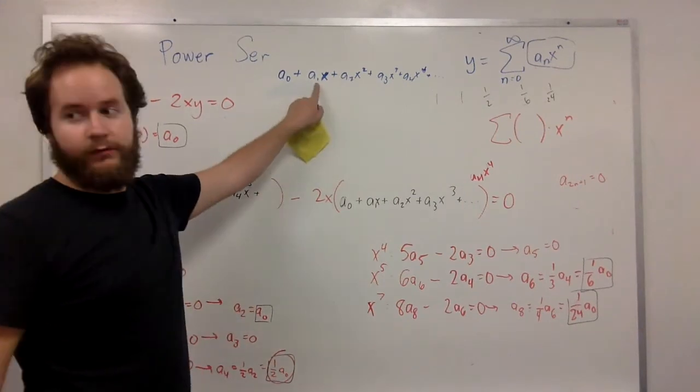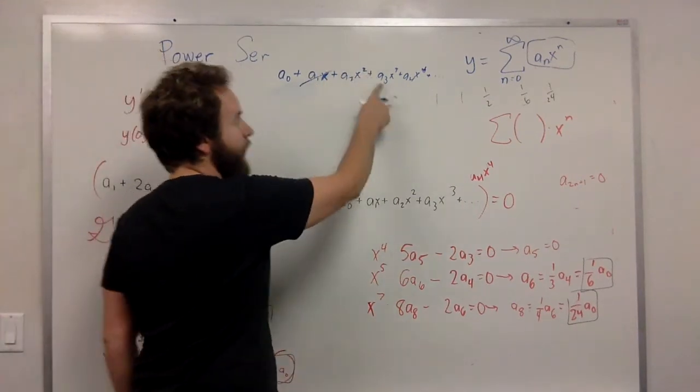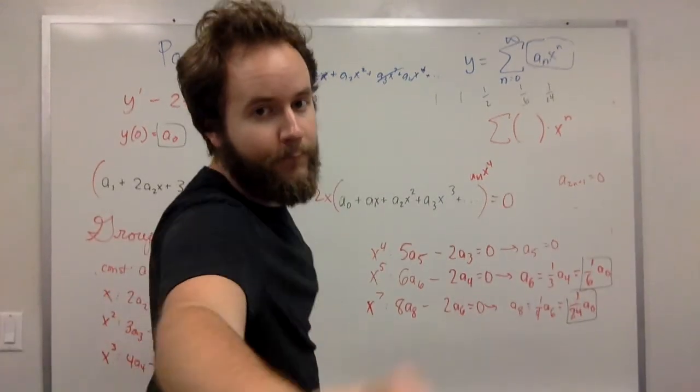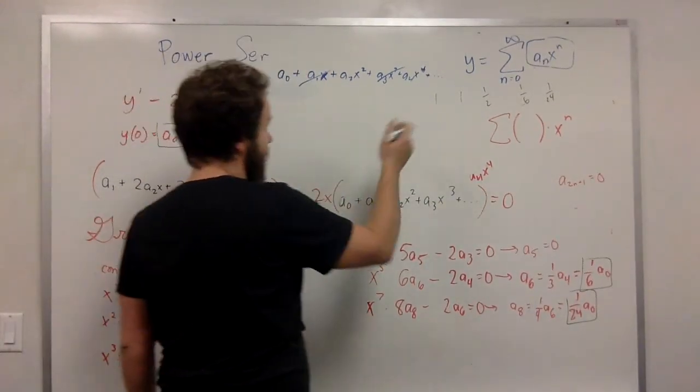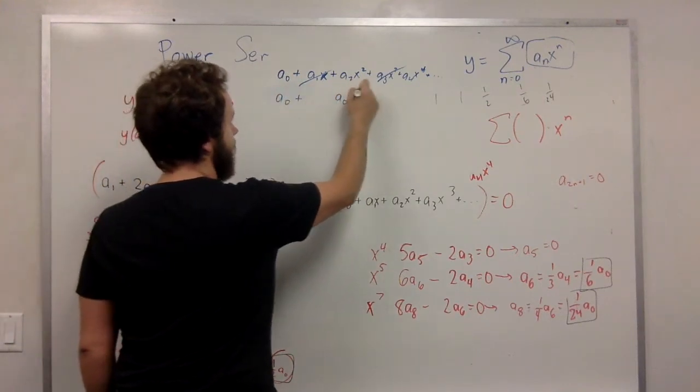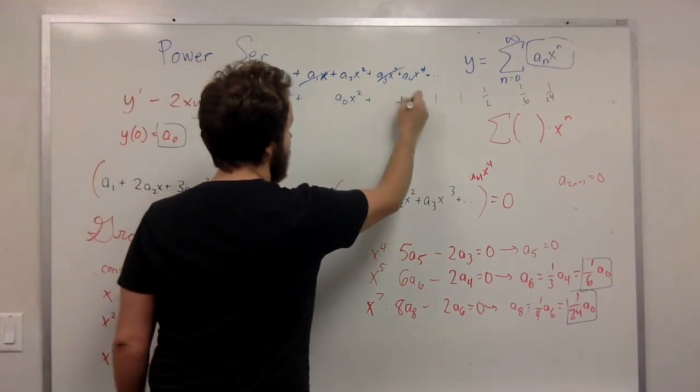What do we know about a1? 0, right? What about a3? 0. A5 also 0. We know a2 is equal to a0. And we know a4 is equal to 1/2 a0.